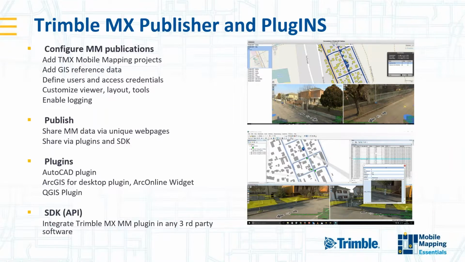Publisher allows you to access the data from a web browser to just be able to see the images on a map overlay and take some measurements. But there are also plugins available for this published data, for Autodesk, for Esri, for QGIS, which basically is a plugin of data extraction tools that is available inside your host software.